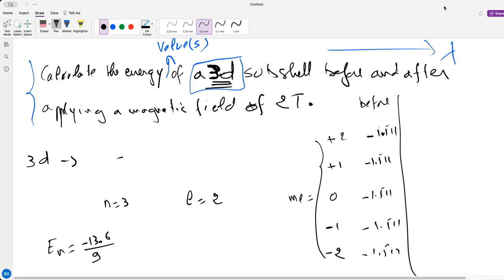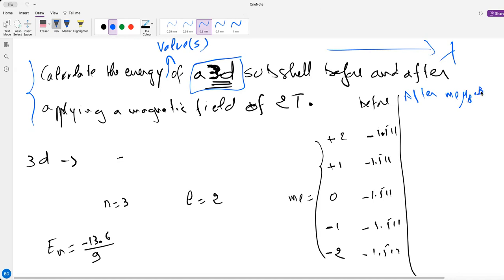Okay, this is before. Now after, we know there will be an energy equal to ml μB B. I always prefer starting with ml, then the constant μB, and then the magnetic field, which is 2 Tesla.